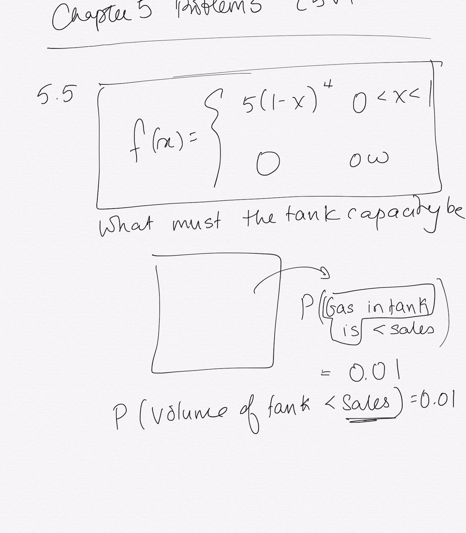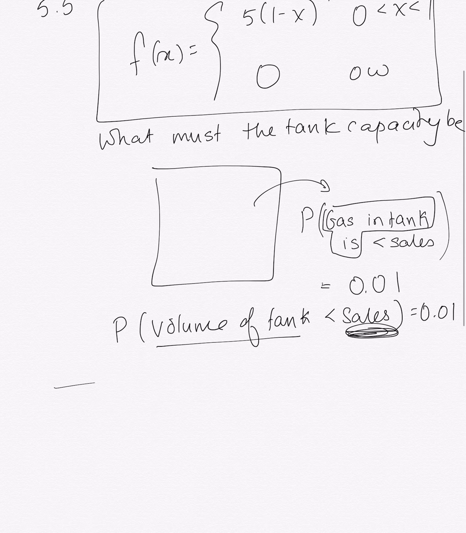But this sales, that's a random variable. The volume of a tank, that's fixed. We need to try and find out exactly what this V should be so that this random variable is 99% of the times smaller than the volume. So for most of the times, you're not going to run out of gas.